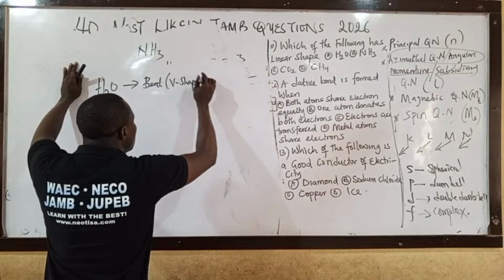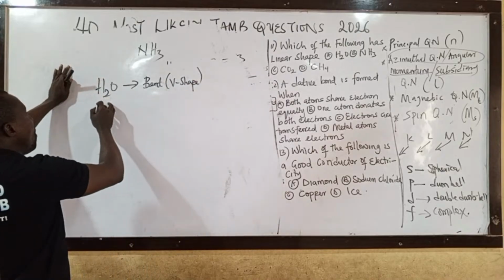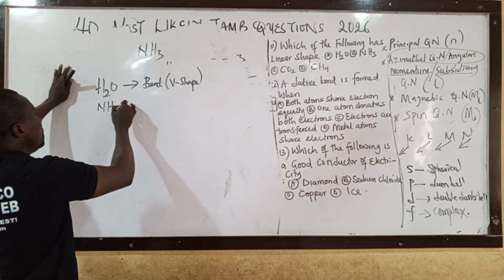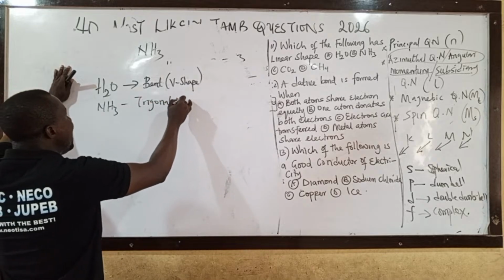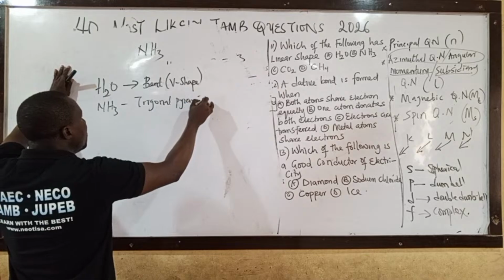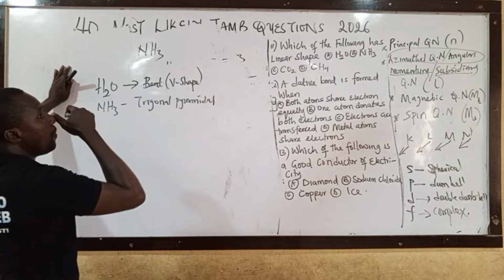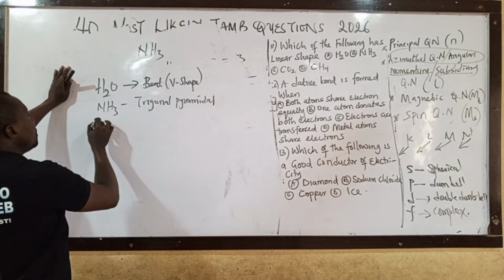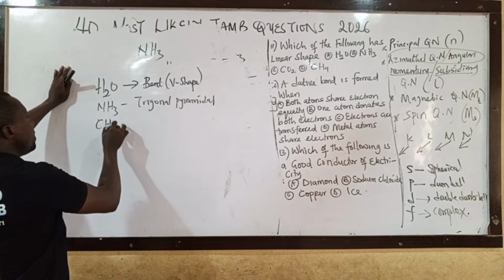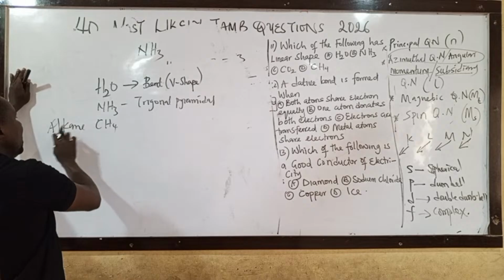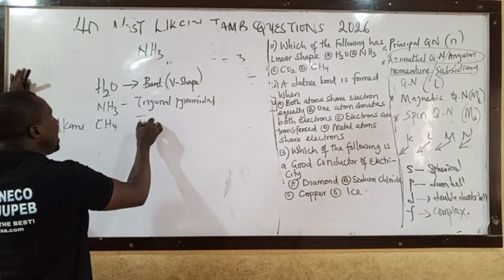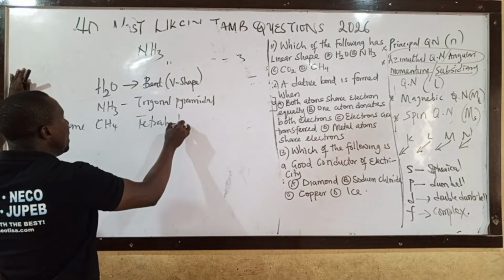The shape of ammonia is trigonal pyramidal. The shape of methane, let me say alkane, methane, tetrahedral.